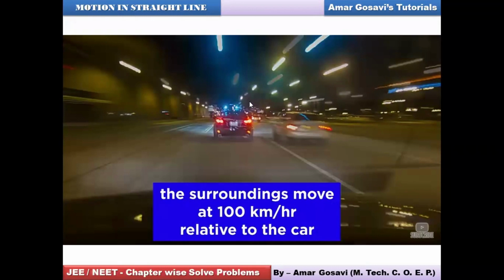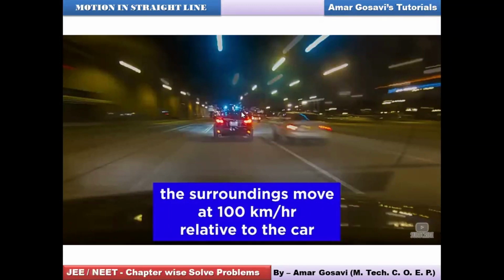Obviously, you can see the car is moving forward, but the other car will appear to move backward with more velocity as compared to what it is moving. The surroundings would move. You can see this car is moving forward. Comparatively, the surroundings appear to move backward with the same speed at which the car is moving, 100 km/h.